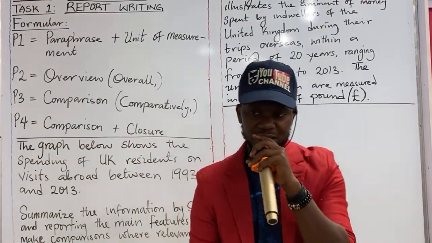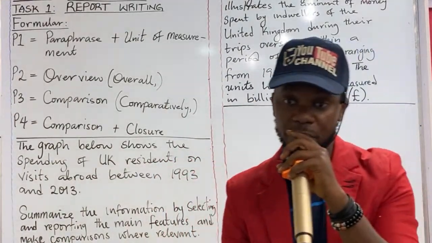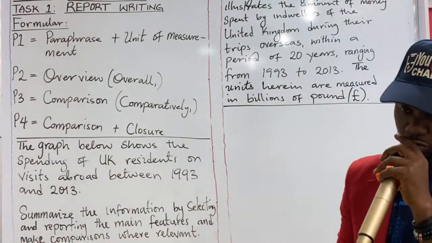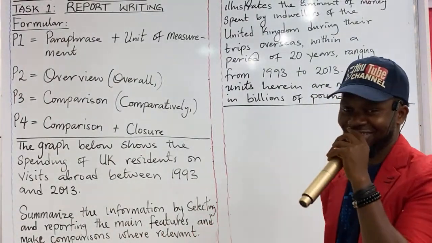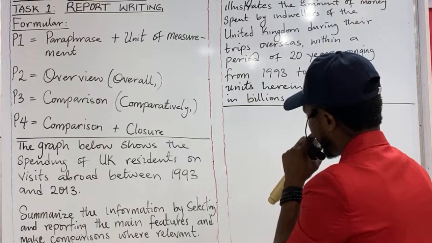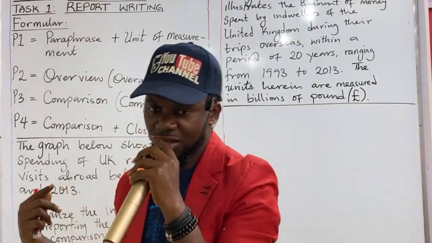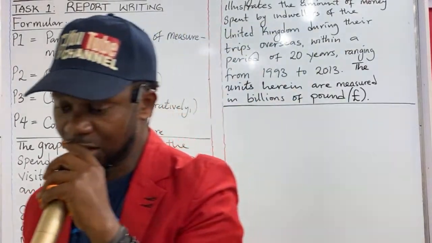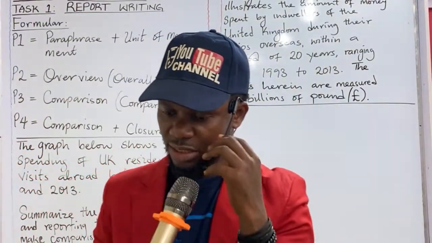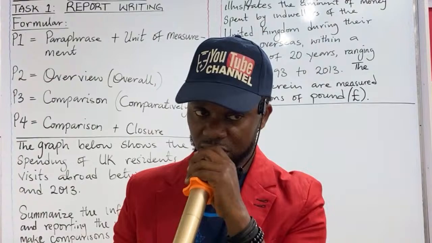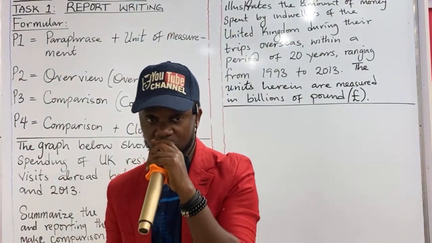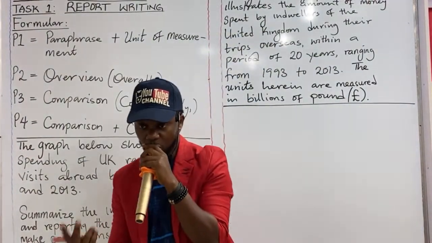At this point, you have come to the end of your paragraph 2. Straightforward. Now, let's look at those 4 areas we pointed out earlier. I don't know if we can still find them on your notes. The 4 things I said you must cover during your overview.